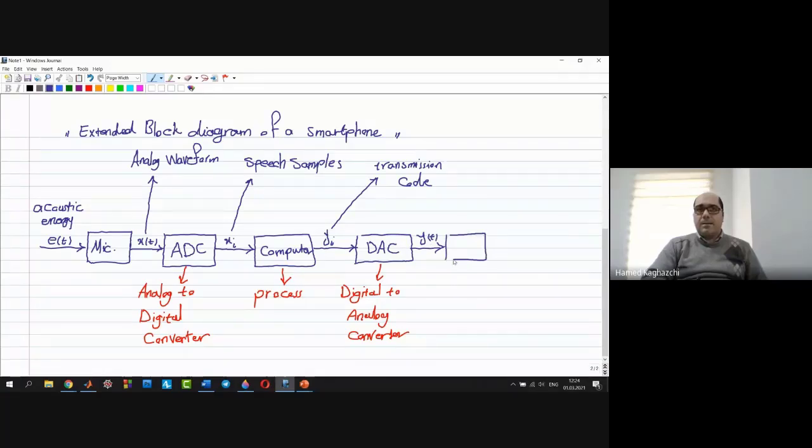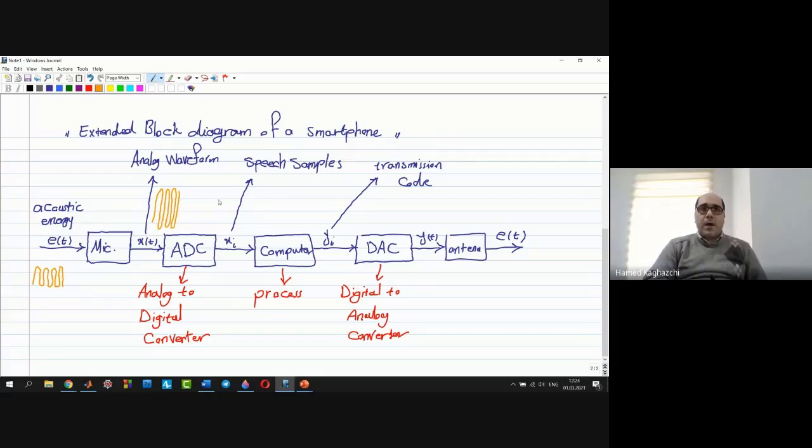We have the antenna here, and also we have a different type of energy that we can understand. For example, if you talk here, this signal is an analog signal. Again, this signal is enhanced, for example, the form of this signal with the enhanced form.